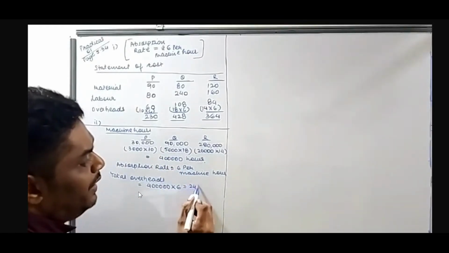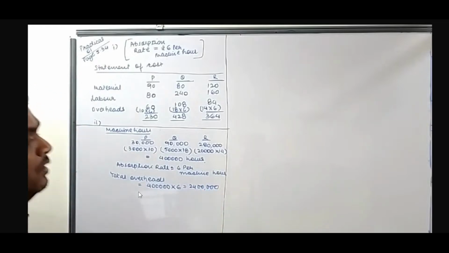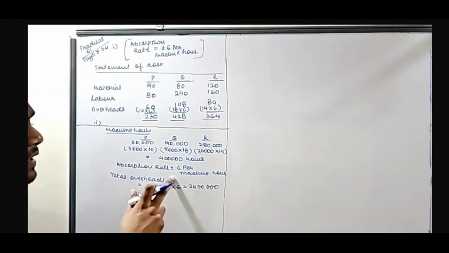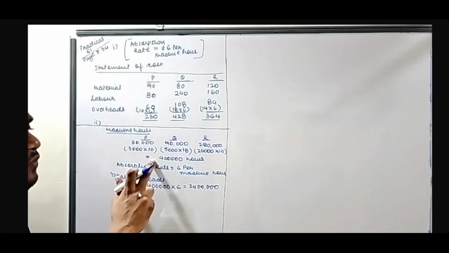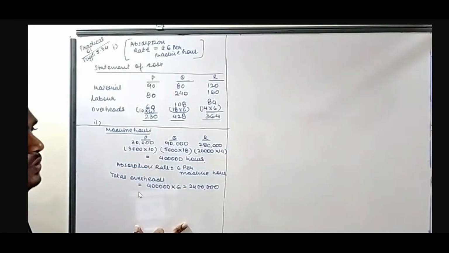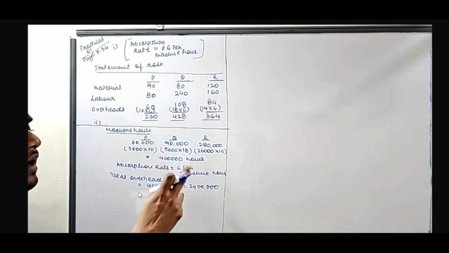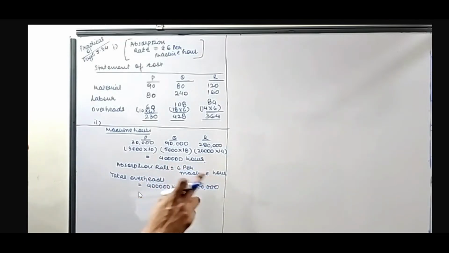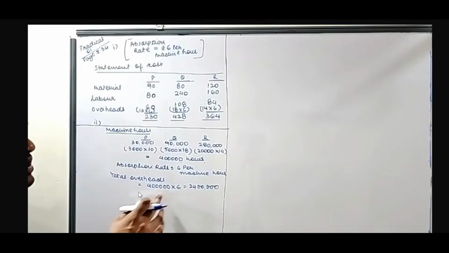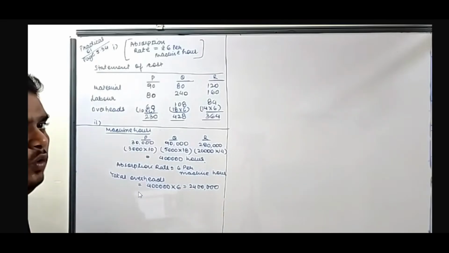So this will be 24 lakh. So how is this 6 calculated? 24 lakh divided by 4 lakh hours. In absorption, we take total overheads divided by machine hours. So we will get the 6 per machine hour rate. So we have done the reverse calculation to calculate the overheads, that is 24 lakh.